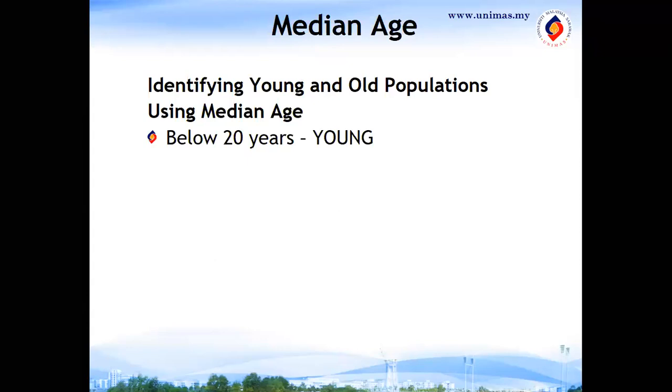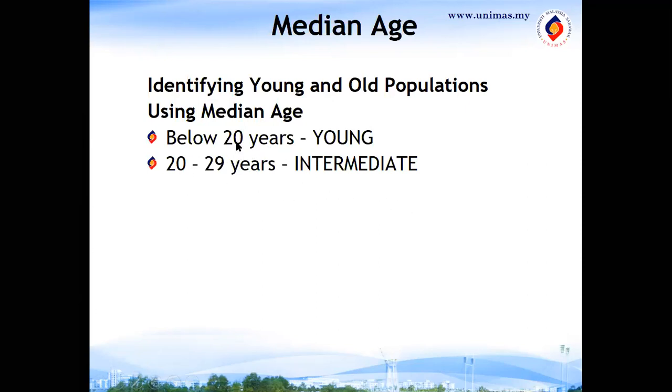Now, boleh bandingkan dengan teknik ataupun approach yang kita nyatakan awal tadi ya, berkenaan dengan the 65 years age approach and also 15 and below age approach pun another methods, but median age is another alternative ya. Kalau 20 hingga 29 tahun dianya, ataupun 21 hingga 29 tahun, more or less about that.